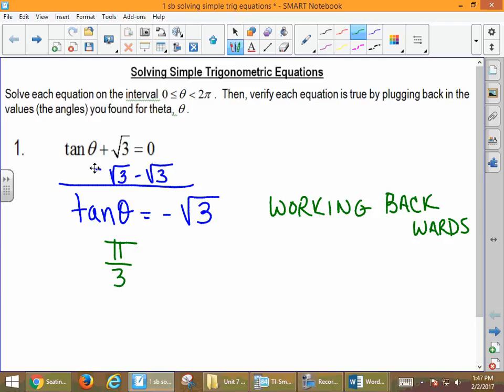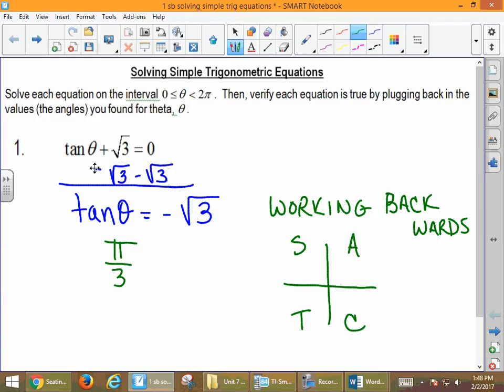So on our unit circle, we're going to have a value that's in terms of pi over 3, but in what quadrants is tangent negative? It's Tracy, you're right. It's negative over there in 4, and it's negative in 2, because all students take calculus.